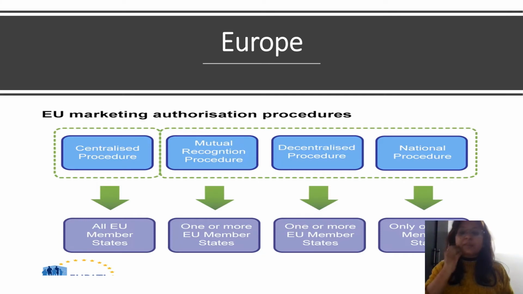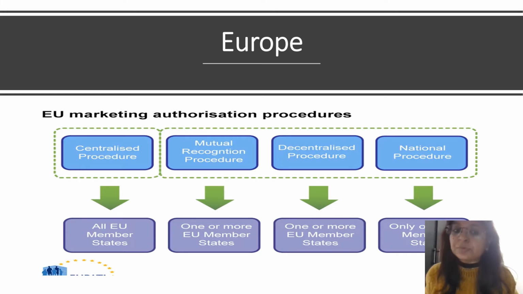So if it's a small pharmaceutical company that just wants to market in a particular country, for example Germany or Norway, they can apply through the national procedure, but this will only authorize their product to be marketed in that specific country. So if you want to market in more than 1 country, you will have to go for either the centralized procedure, the mutual recognition procedure, or the decentralized procedure.